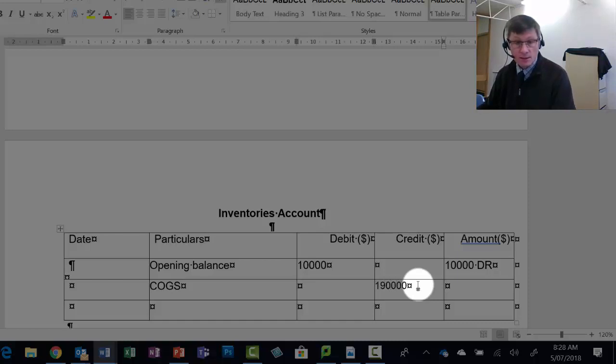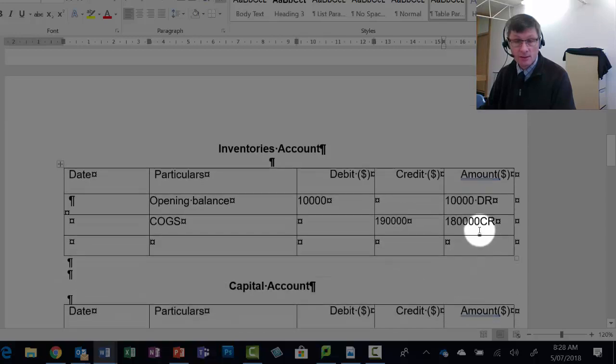Right. So in actual fact, what's happened here, we've got now $180,000 credit. Right. So debit of 10 minus 190 of credit, so we've got 180 of credit sitting there. The item that we're looking for is cash for purchases of inventories.